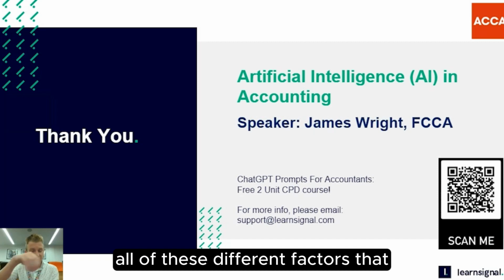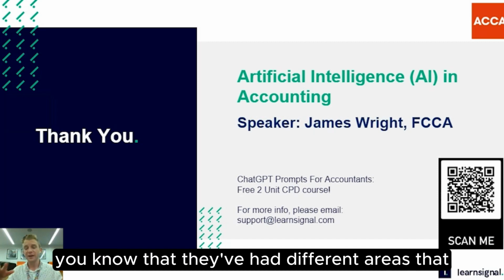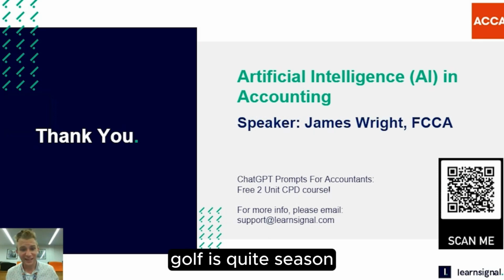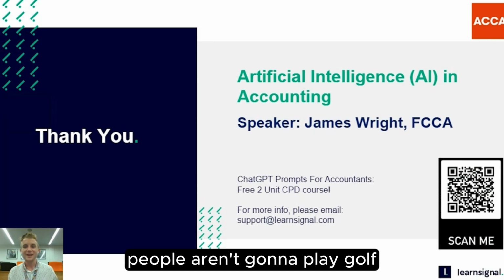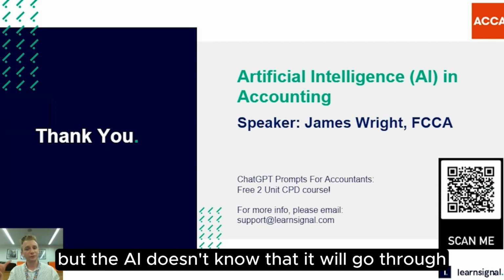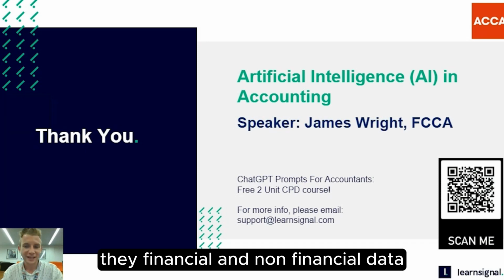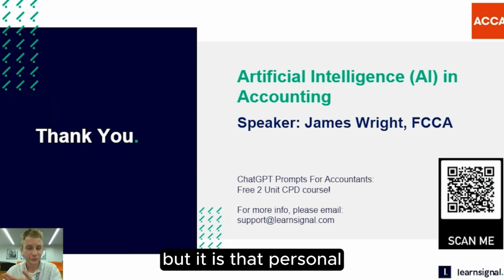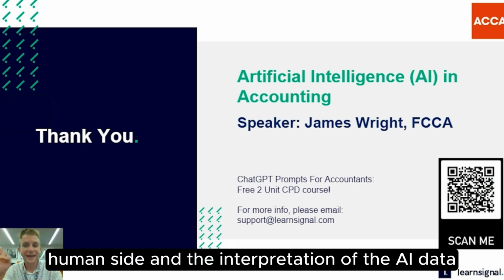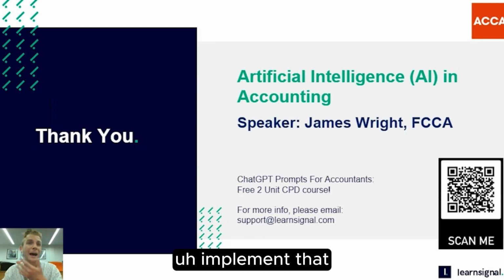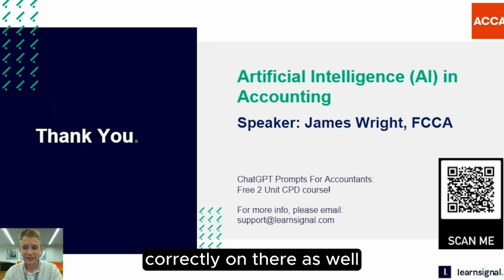All of these different factors have affected different areas of the business this year. Golf is quite seasonal. I'm not a golfer, but if it's cold and wet, people aren't going to play golf. But the AI doesn't know that. It will go through the financial and non-financial data, but it's that personal human side and the interpretation of the AI data where you will implement it correctly.